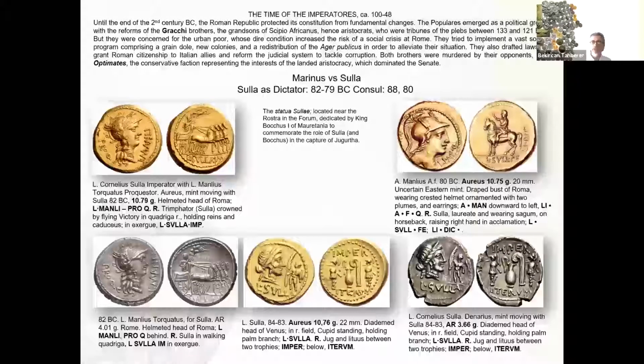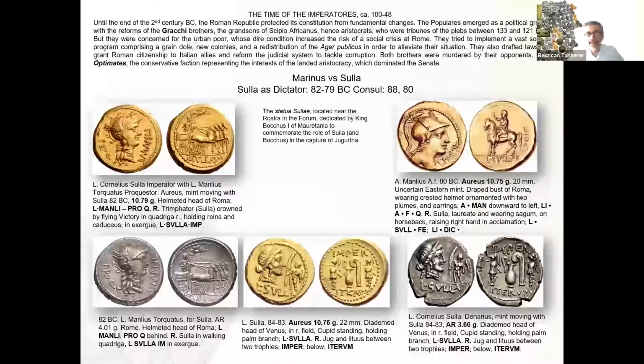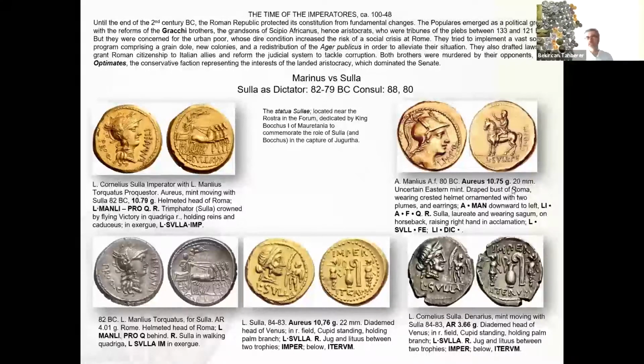So he was allowed to appear on the reverse of a coin without really proclaiming to be a king.